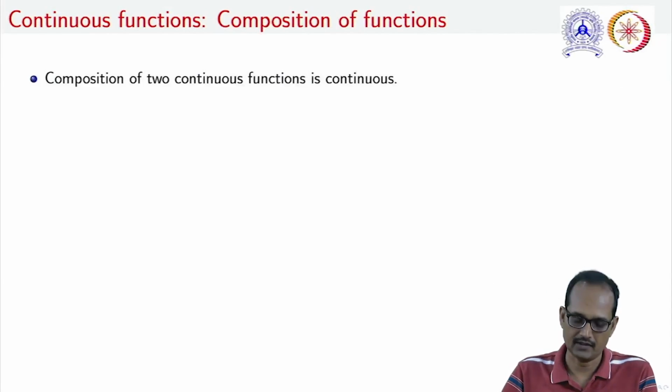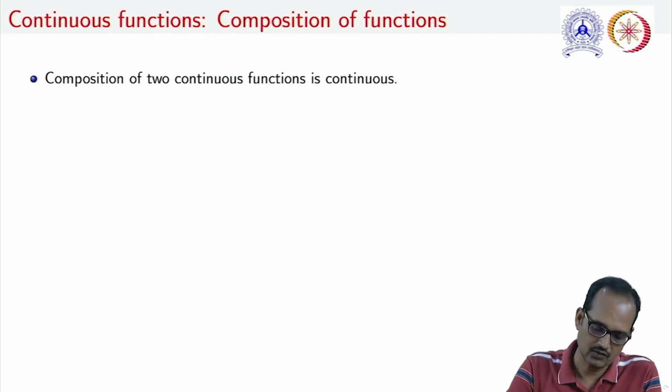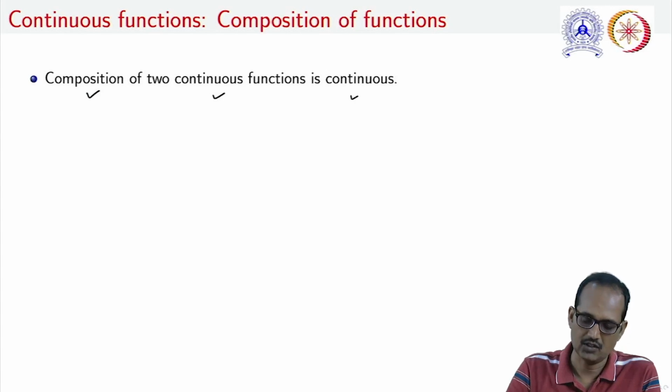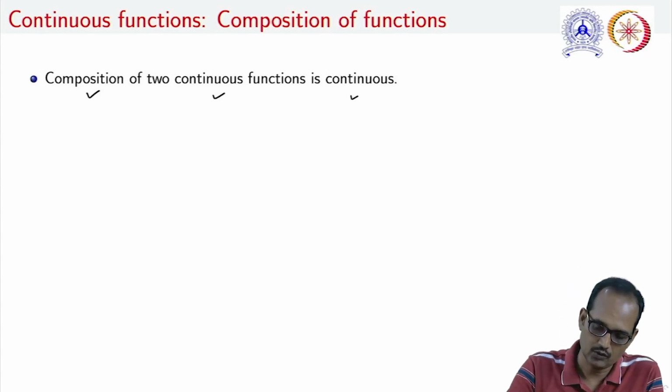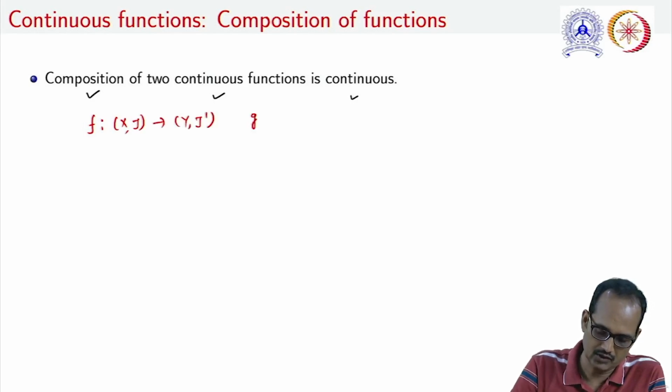Before moving to the next concept, let us discuss the composition of continuous functions. What we can justify is that the composition of two continuous functions is a continuous function. In order to justify it, let us take a function f from topological space X with tau to Y with tau dash, and let us take another function g from Y with tau dash to a topological space Z with tau double dash.